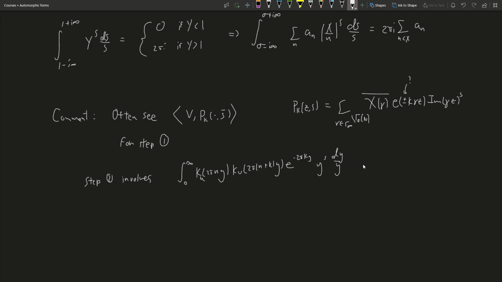And this is hard. You're not going to find this in tables of integrals. I found it in one, but it wasn't in a very useful form. And a lot of papers spend a lot of sections on analyzing this integral.